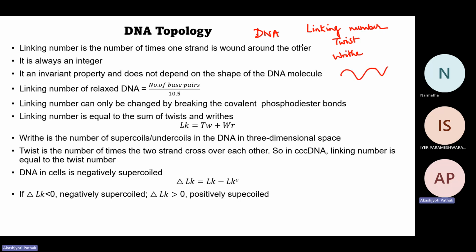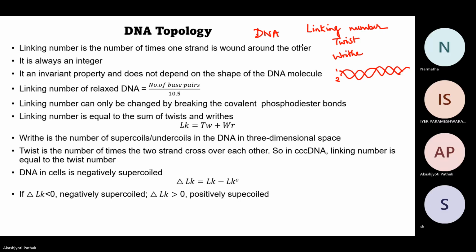So if this is one polynucleotide strand and this is the other, the number of times this second strand twists over the first strand is called the linking number.